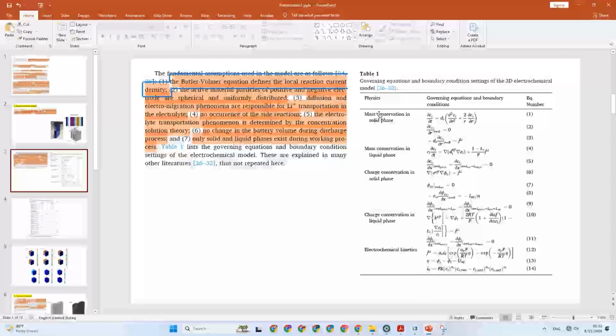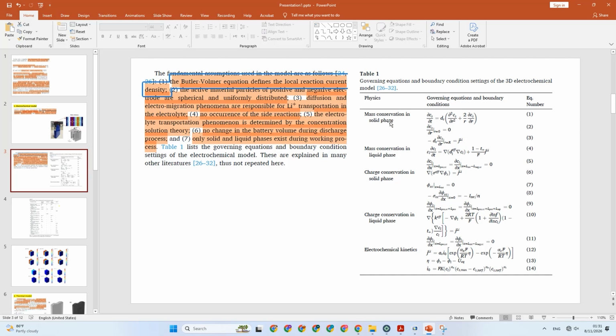Here we have a solid phase. It means we have mass and charge. We check all of them. This is a mass for solid. It means we have a porous electrode.